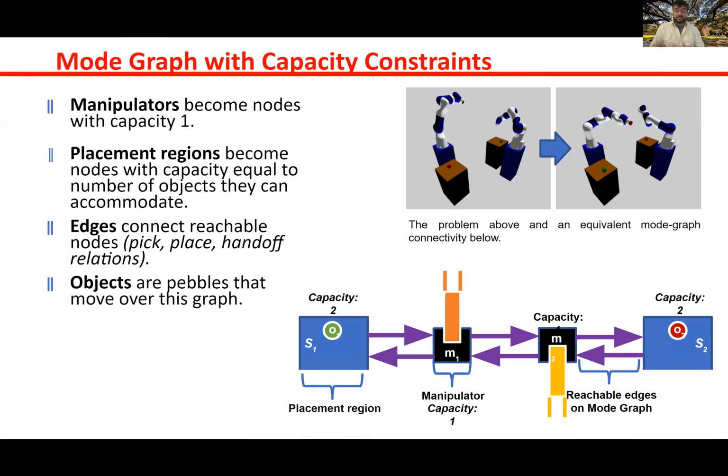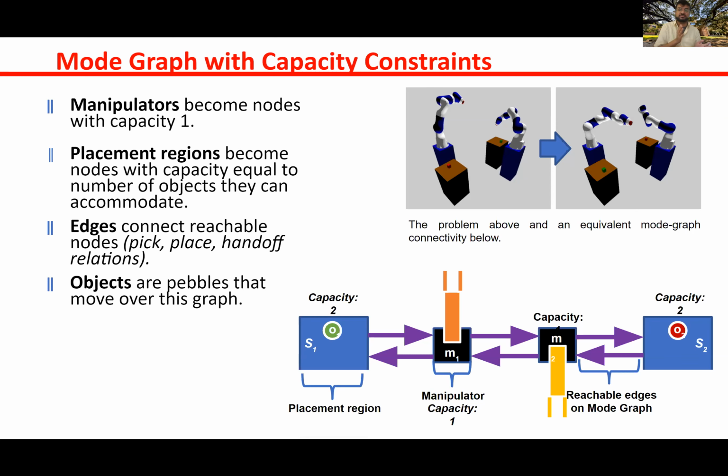So the efficient structure we identify is what we call a mode graph. This is a graph built with information about the workspace. If you consider a graph with nodes being manipulators and placement regions being the locations where these objects can occupy poses, the edges between these vertices can express the actions that we have narrowed down.